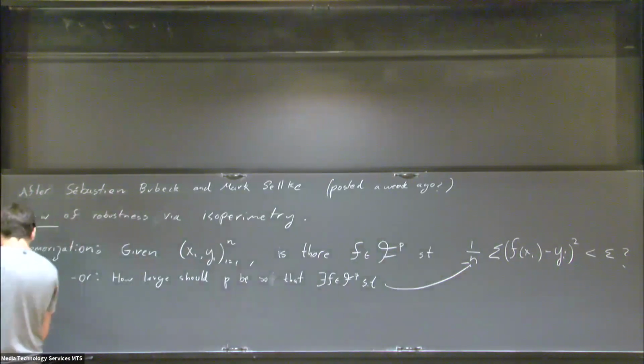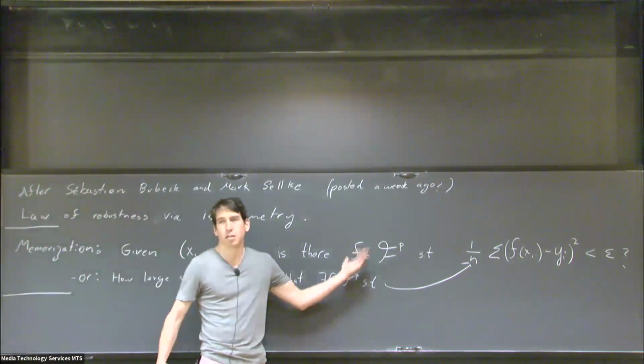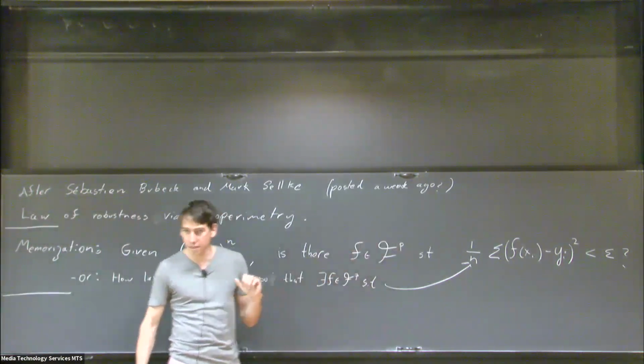How many parameters do I need to have in my family in order to fit the data?